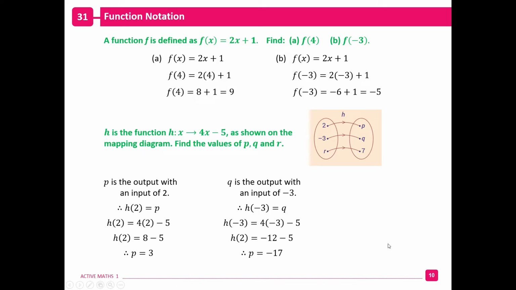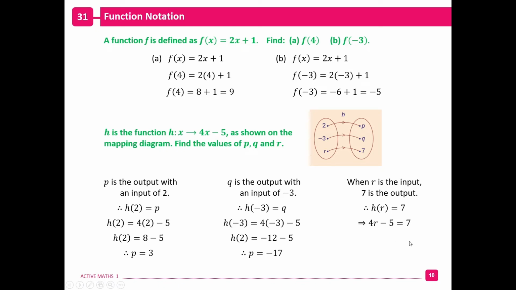So like always, if we start off with the answer, we're going to work backwards to work out what the starting point was, what the input is. So we know that when the input is, and all we know at the moment is that it's r, an unknown, the answer is 7. So that means when we multiply whatever that unknown input is by 4 and take 5, we get 7.